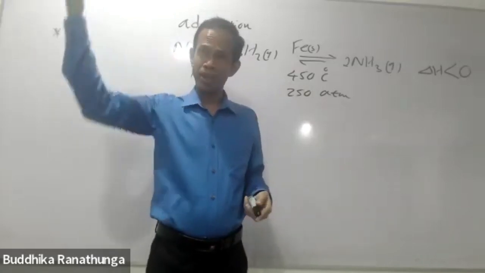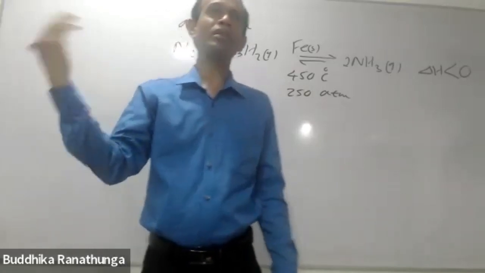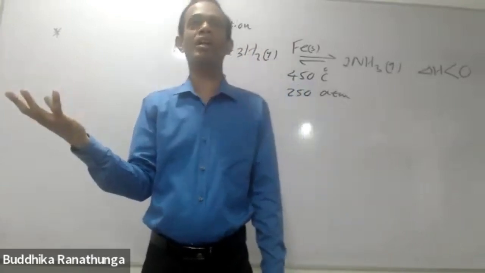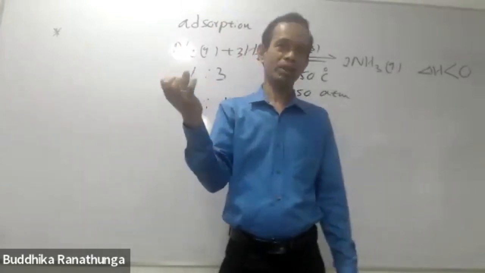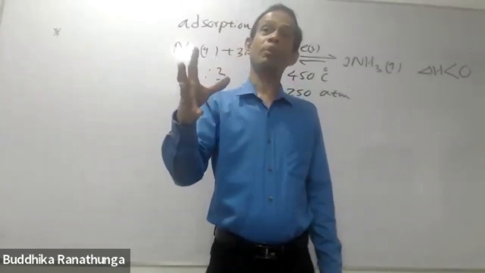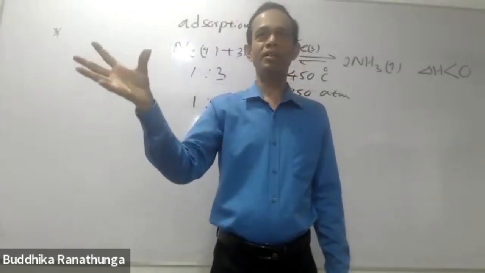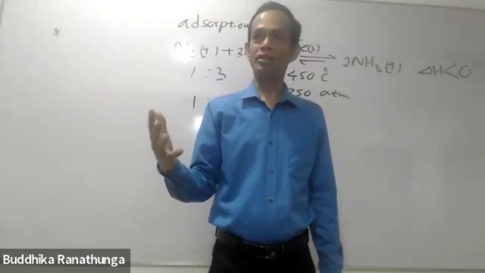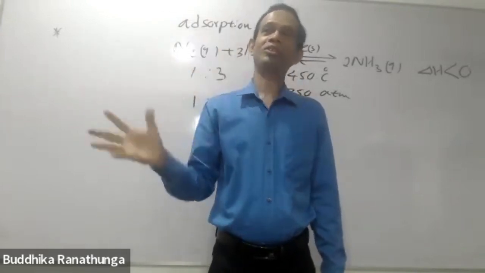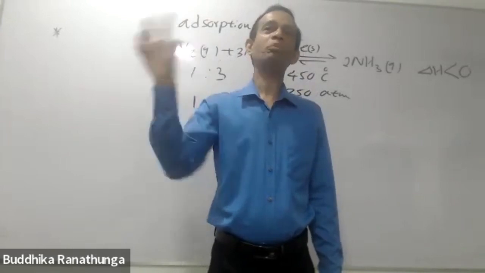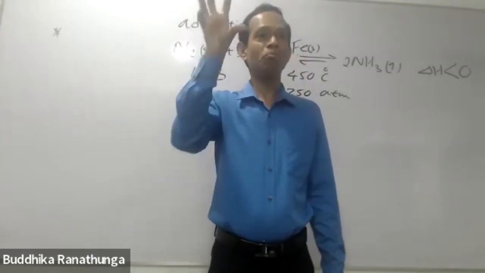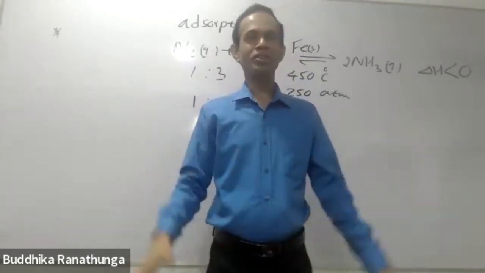Under inorganic chemistry, we have done many analyses when there are many chemical components, solid components, mixtures of cations, mixtures of anions, and we know how to analyze. But we have never discussed how to separate gases from a mixture of gases. That is very easy.